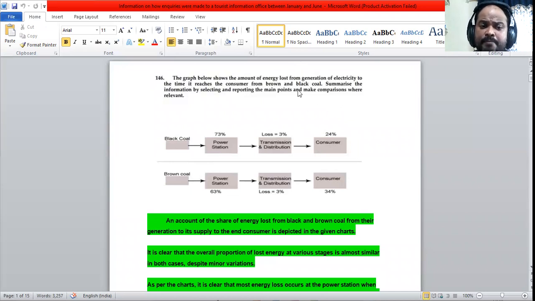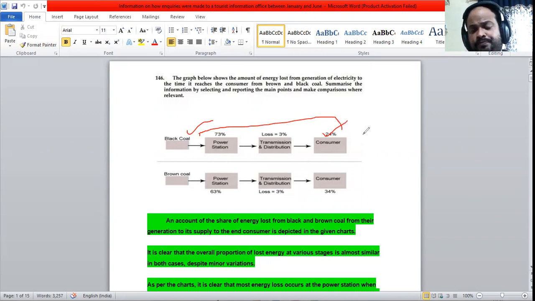From black and brown coal, the energy generation is initiated and it reaches the customer. From this point to this point, how much energy is lost?